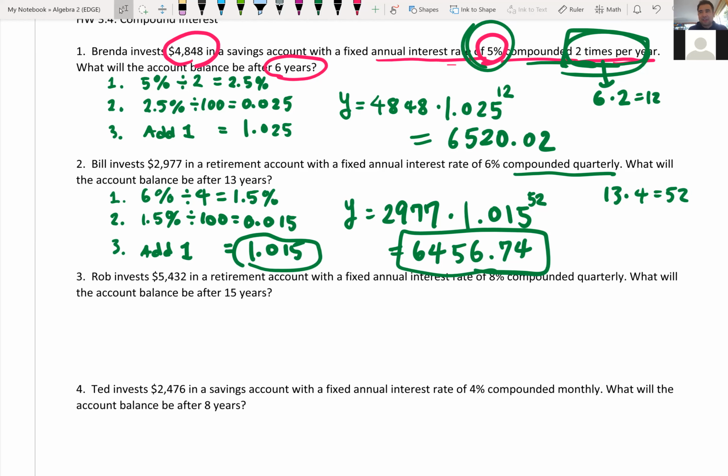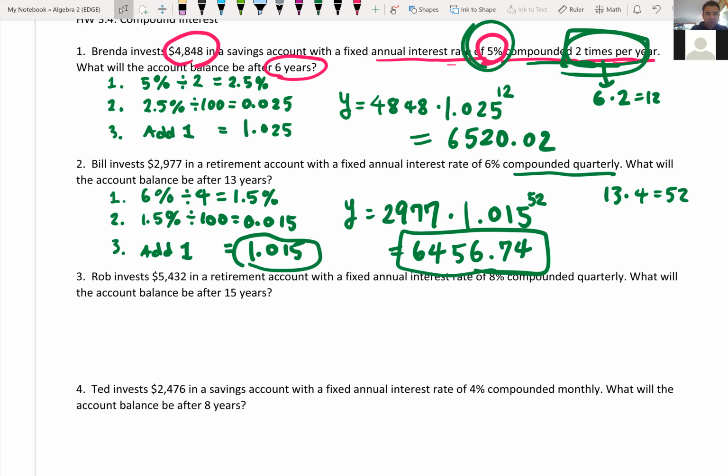As soon as you are able to hold a job, you are able to start contributing, creating a Roth IRA. There are all kinds of investment methods. So I hope you look into that.